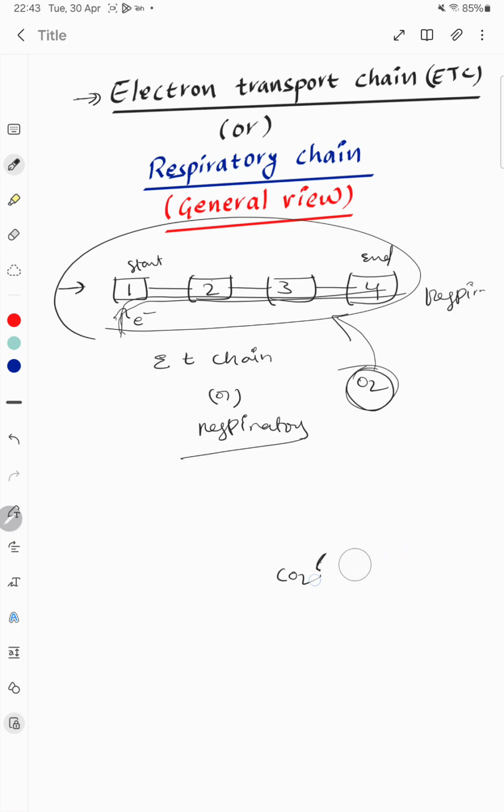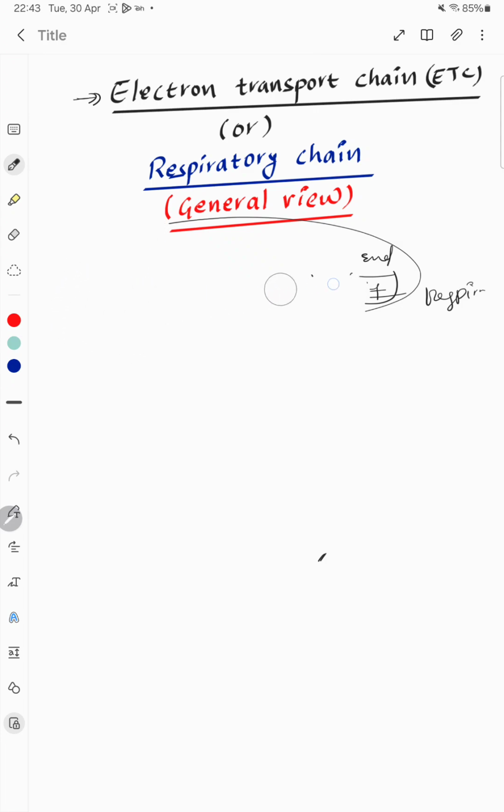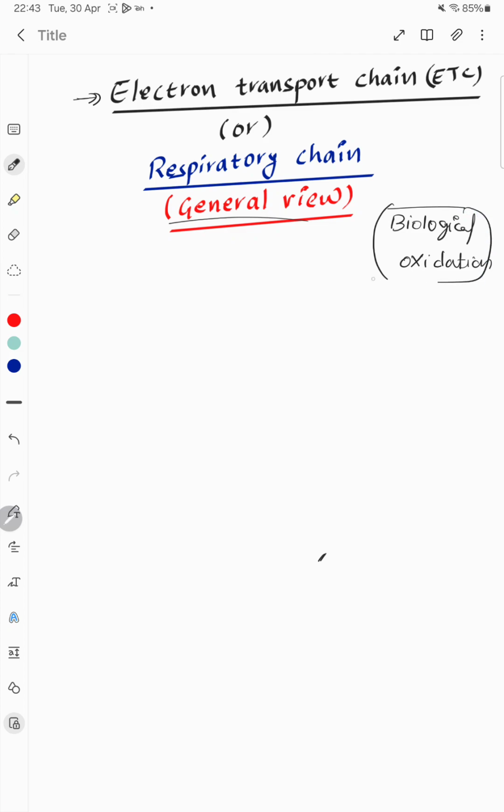Now we move on to where this electron transport chain occurs, why it should occur in our body, and what its purpose is. First of all, the electron transport chain is a concept that comes under a chapter called biological oxidation. Remember, it's a very important chapter where you will see the production of ATP in our body.